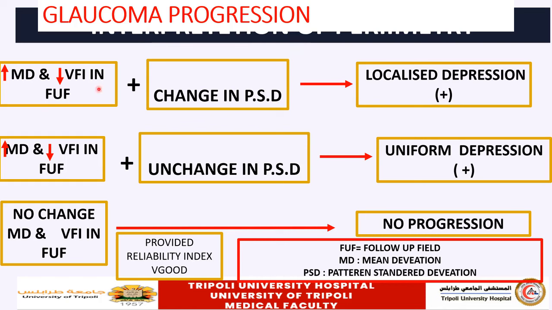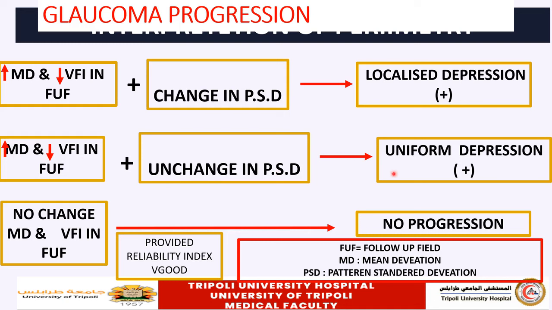So if these three are present, this indicates there is glaucomatous change or a progression in the form of localized depression. However, if you find the pattern standard deviation has not changed, this doesn't rule out glaucomatous progression in the presence of an increase in the negativity of the mean deviation and a decrease in the visual field index, but along with a uniform depression.